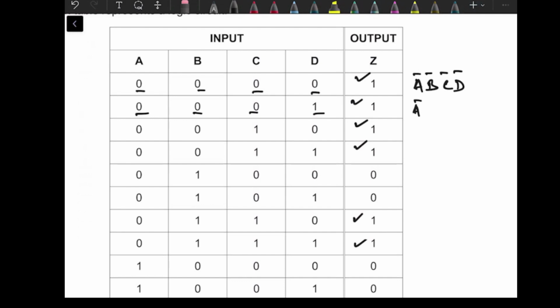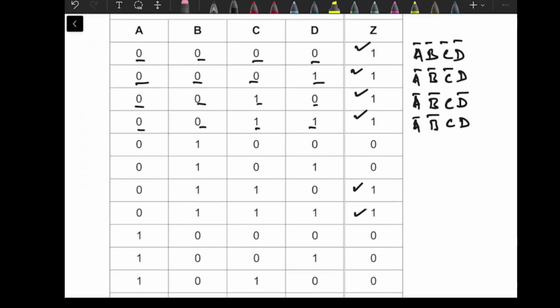So this means A naught, B naught, C naught, and 1 means without naught. All right. And then here we have 0, 0, 1, 0. So A naught, B naught, C, and D naught. And here we have 0, 0, 1, 1. A naught, B naught, C, and D.